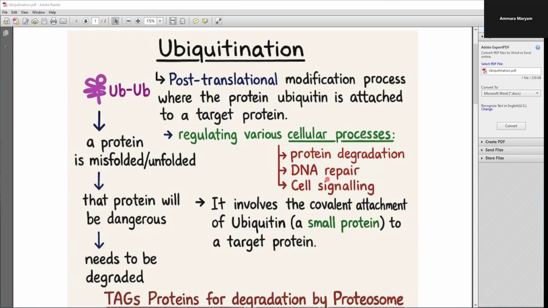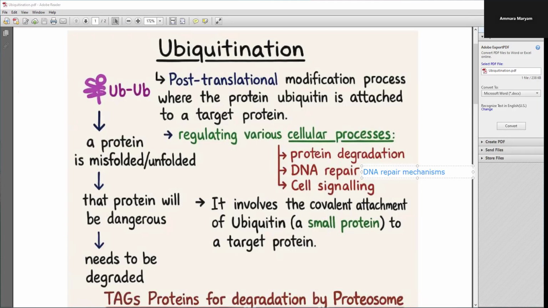This process of ubiquitination is involved in the DNA damage response. Whenever there is damage in the DNA, it needs to be repaired. So ubiquitination is involved in the repair mechanism. Let me write that this process of ubiquitination is involved in DNA repair mechanisms.